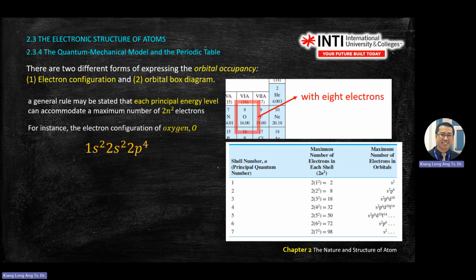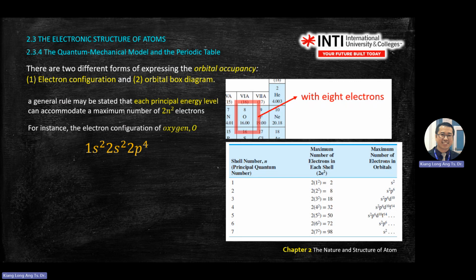The equation is 0 to l, that is n minus 1. n minus 1 is the number of subshells. So when n equals 1 it will be 0, no extra subshell. For 2, we have 1 more subshell. So this one is 0 to 1, this one is 0 to 2.